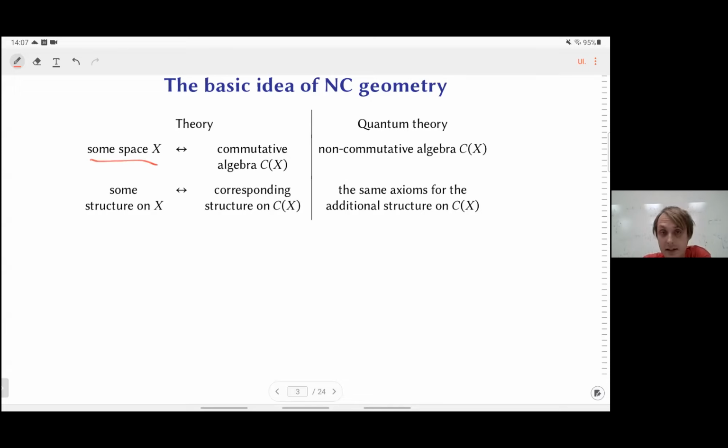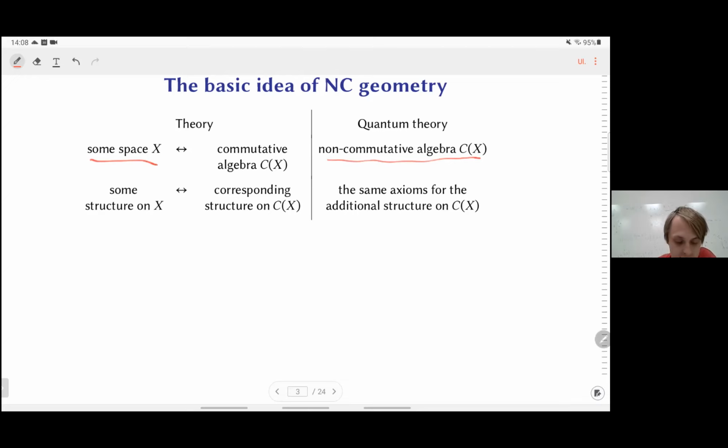For instance, if that space is compact, then we can take the C-star algebra of continuous functions over that space. And the point is that commutative C-star algebras are exactly all the algebras of functions over some compact or locally compact spaces. If you consider non-commutative C-star algebras, then those can be interpreted as function algebras over some non-commutative spaces, although now there is no underlying space anymore.